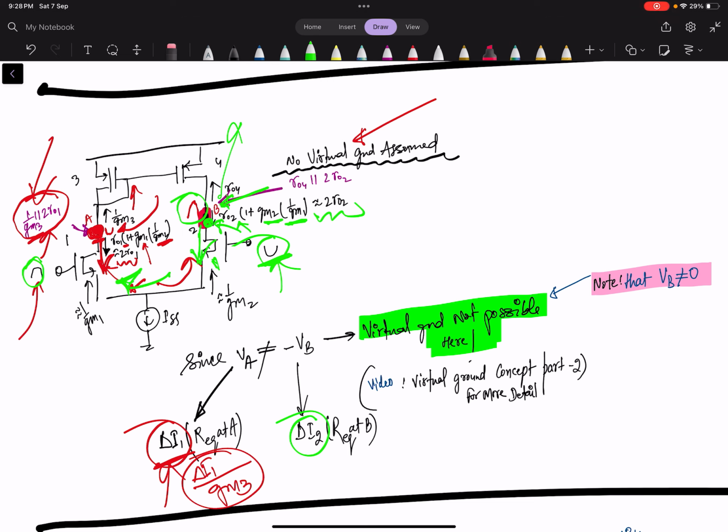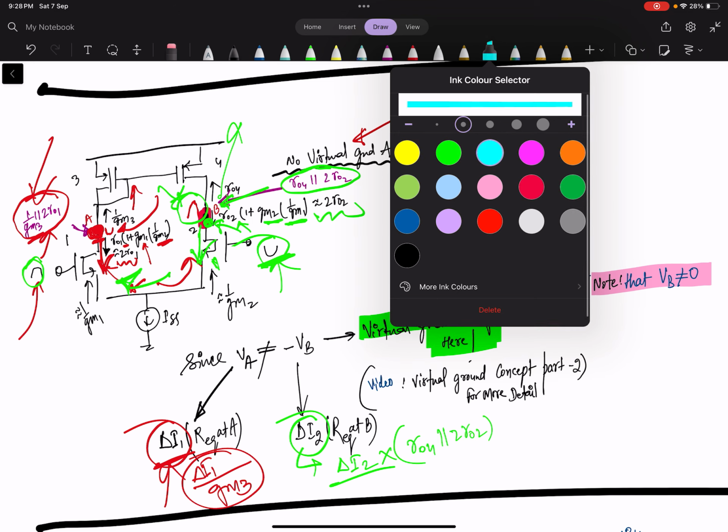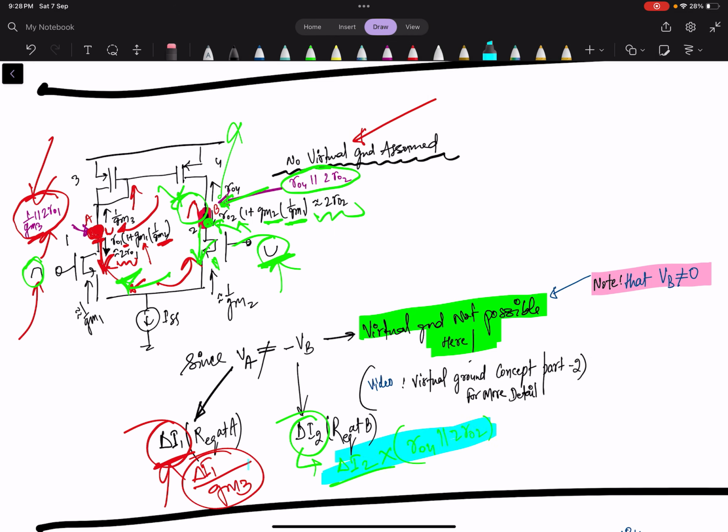Now the equivalent resistance is R04 parallel 2 times R02. The voltage change because of this is delta I2 multiplied by R04 parallel 2 times R02. So you can see that this and this are not the same.